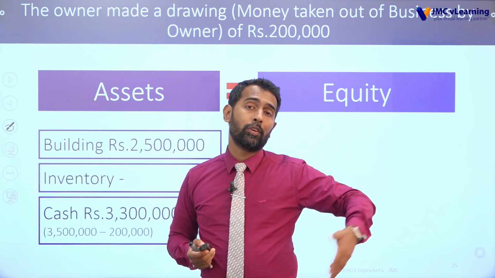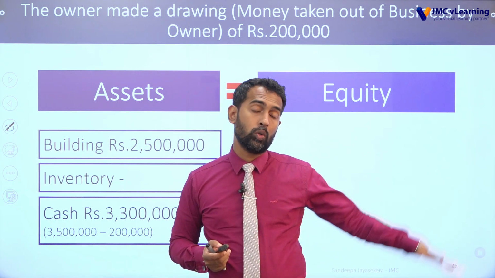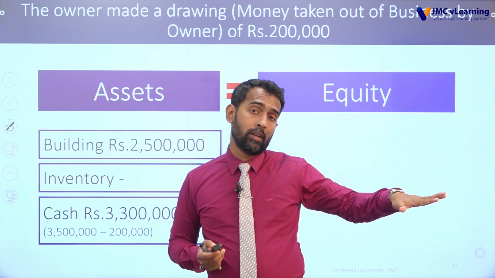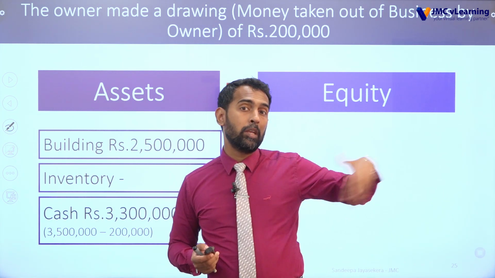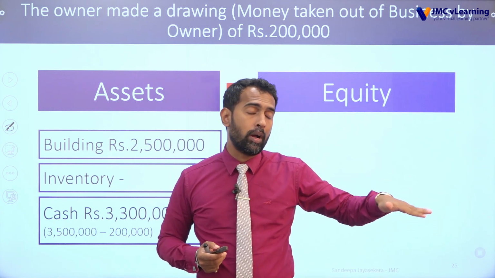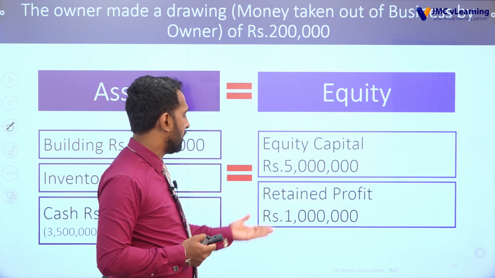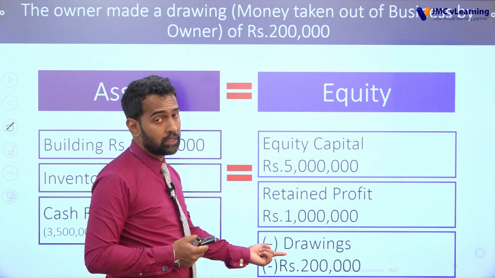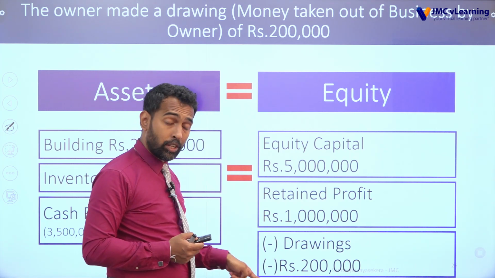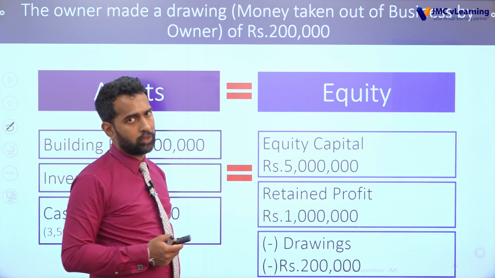Of that profit the owner is now withdrawing 200,000. So the owner's entitlement, the business's commitment towards the owner, will come down by 200,000. So equity capital 5 million, retained profit 1 million, drawings which is a minus, a reduction of the equity, 200,000.